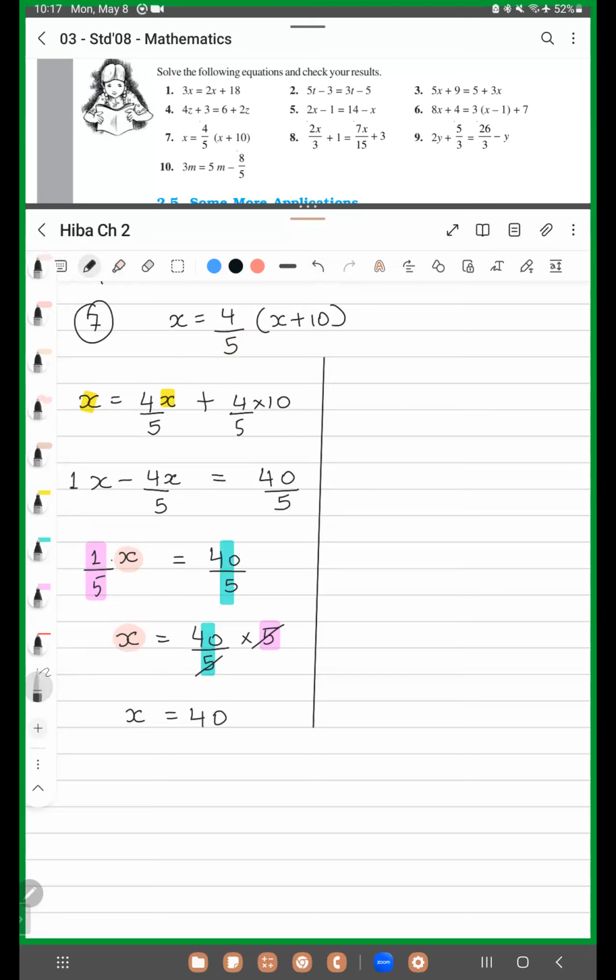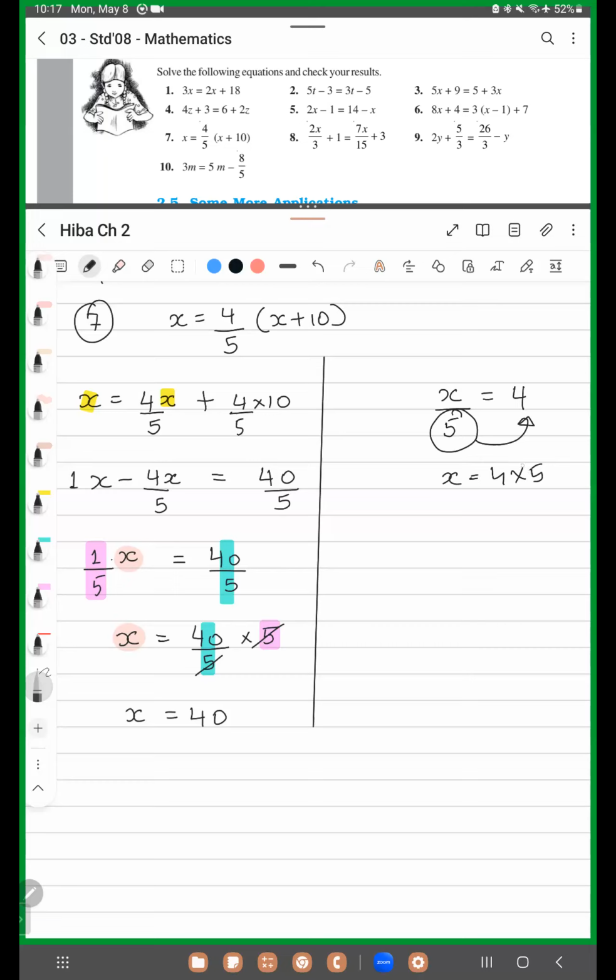For example, if you have x is equal to 2a, then you can send this 2 to the other side. It becomes x by 2 is equal to a. Similarly, if you have x by 5 equals, let's say, 4, then you can send this by 5 to the other side, right?